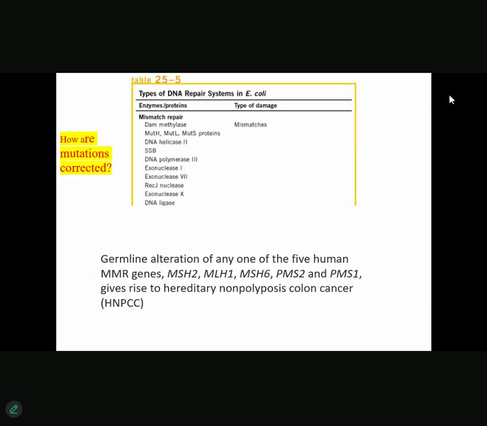All right. Here's a list of prokaryotic enzymes involved in methyl mismatch repair. And this is highly conserved. E. coli have all these methyl mismatch repair enzymes. Us humans have the human equivalents to these methyl mismatch repairs. And of course, it's much easier to study them in bacteria, but us humans have methyl mismatch repair enzymes. So we have a bunch of genes called MMR genes, methyl mismatch repair.